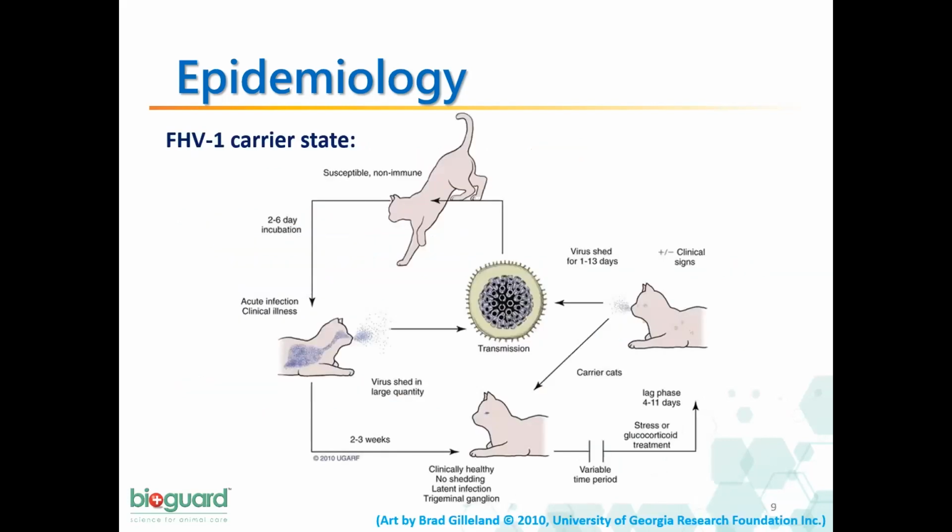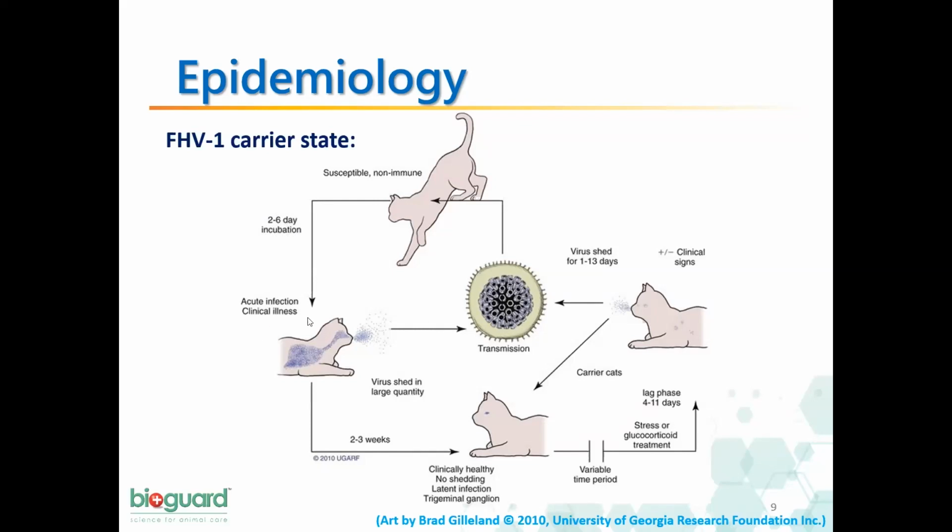So when we talk about the stages of this virus, basically, because of stress, sometimes the cat will start to shed the virus if it was pre-infected. However, if it's a new infection, then it will take 2 to 6 days of incubation of the virus in the host.